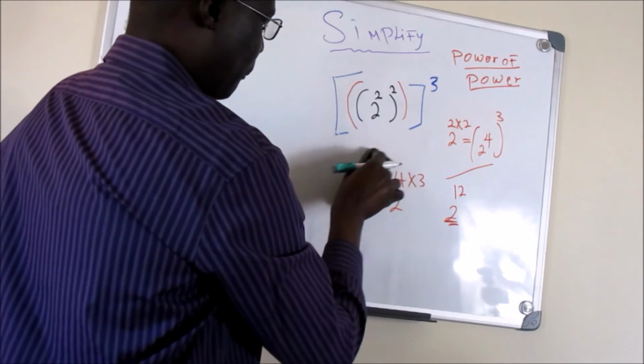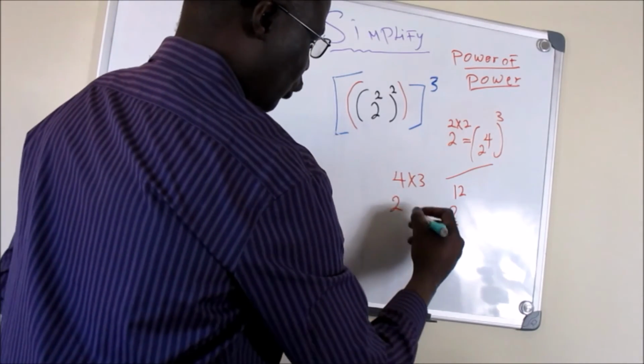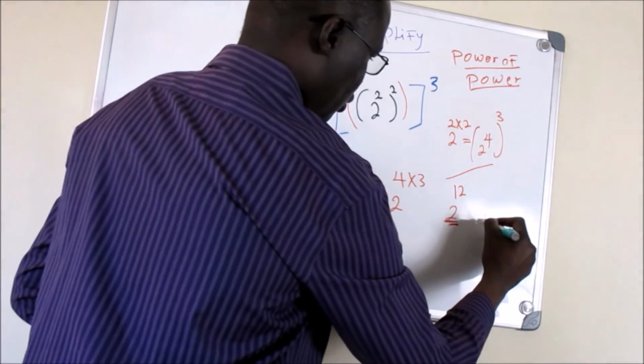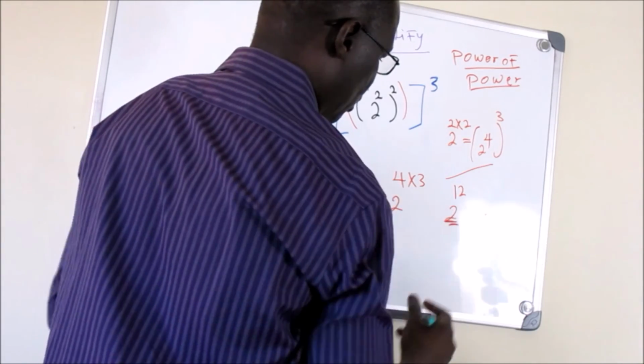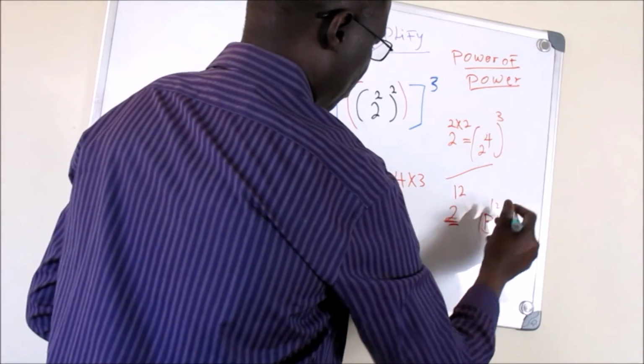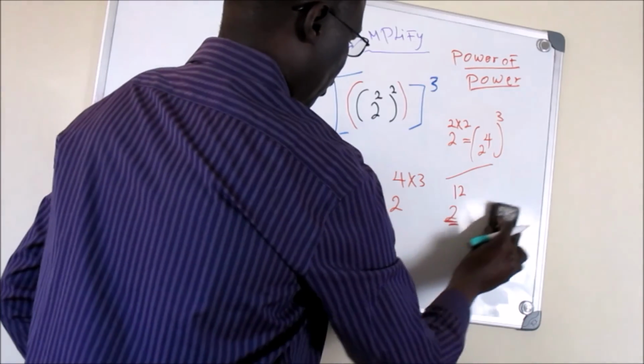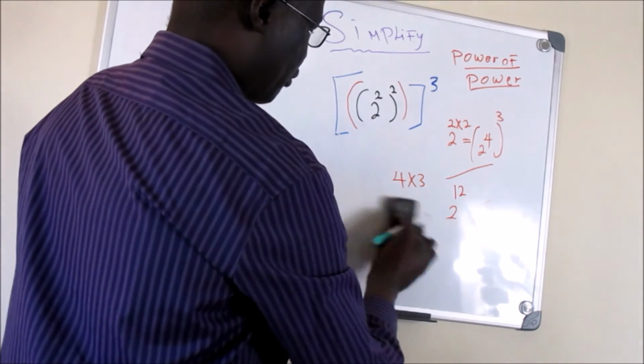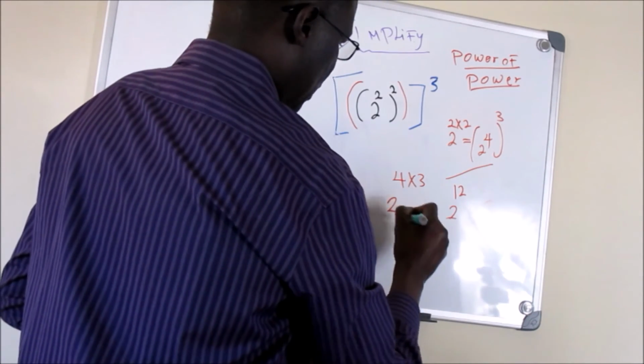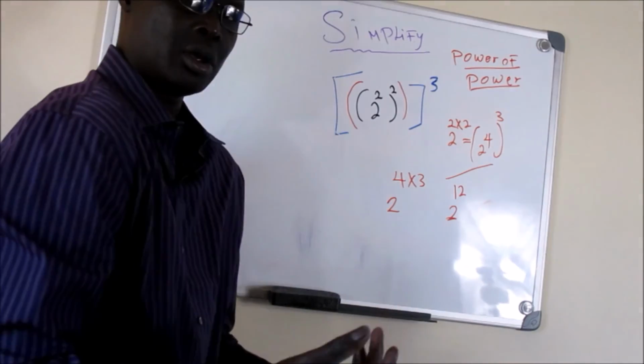You will end up here with AB to the power 12. It's the same thing. So go and find the value of 2 to the power 12, and you're good to go.